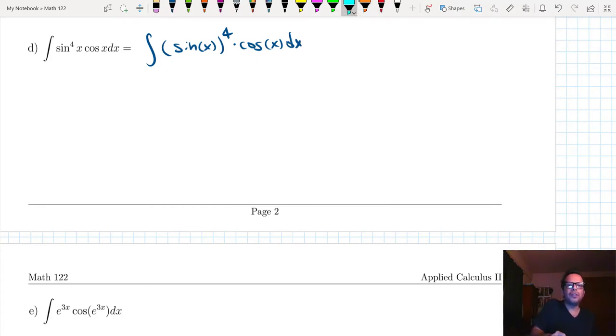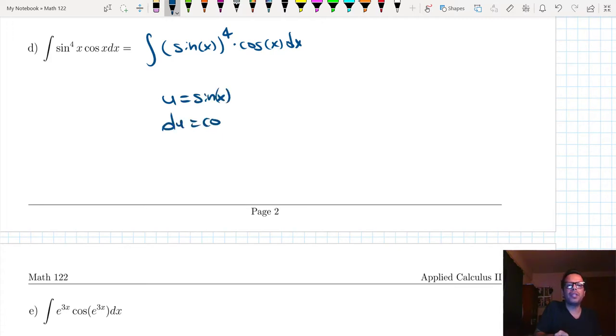Do you notice this cosine dx will work really nicely as the derivative of sine, because the derivative of sine is cosine, right? And we're going to accomplish that when we set our u and our du. Okay, u equals sine.